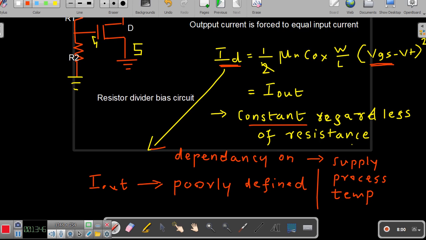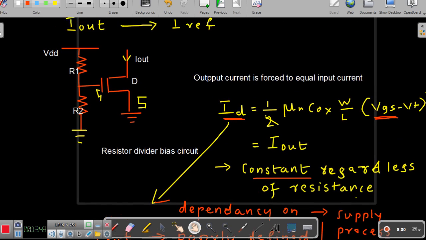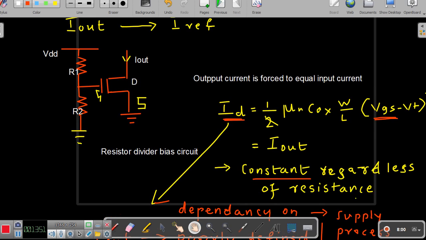So for which what we do is we will take the value of I out or ID as a function of some already defined reference current, some already defined or already standard reference current, and obtaining this kind of output current from a reference current, right? Obtaining the output current from a reference current is said to be a current mirror circuit.